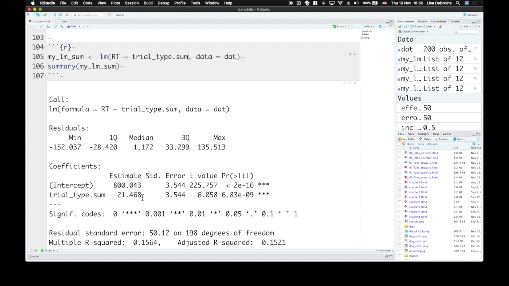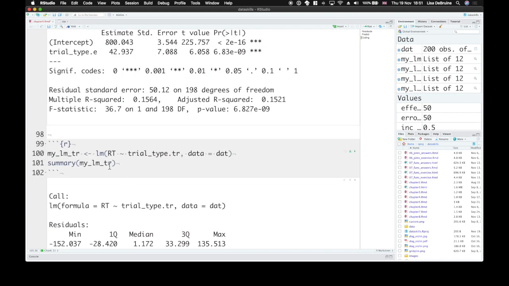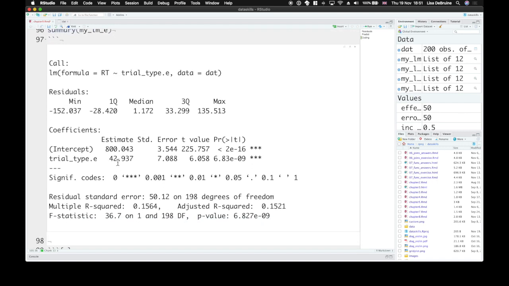But then the estimate is the amount that you add or subtract from the intercept for each of your categories. So our estimate here is half the size because you need to multiply it by 1 and add it to the intercept for incongruent trials, multiply it by -1 and add it to the intercept for congruent trials. Whereas when we had effect coded, you had to multiply the estimate by 0.5 or -0.5 before adding it to the intercept.